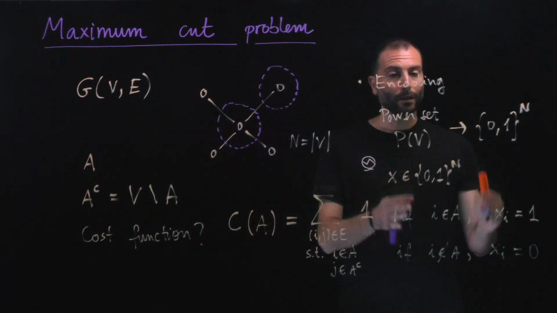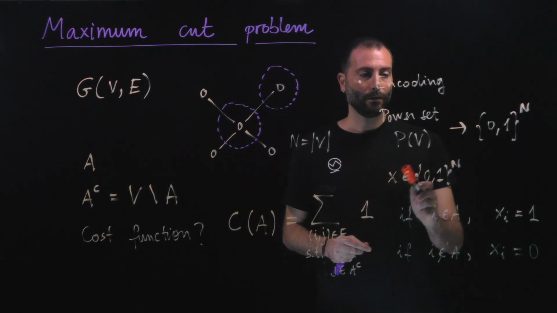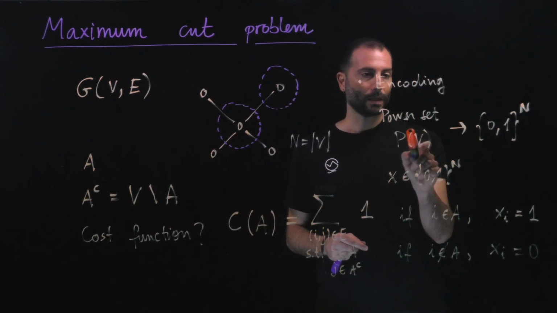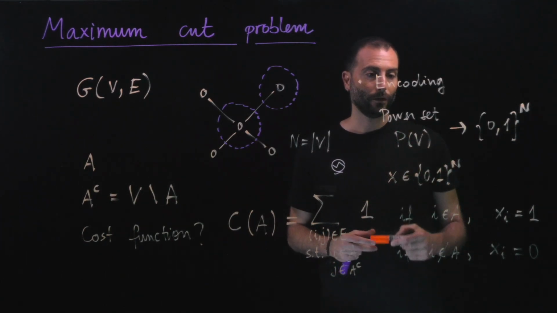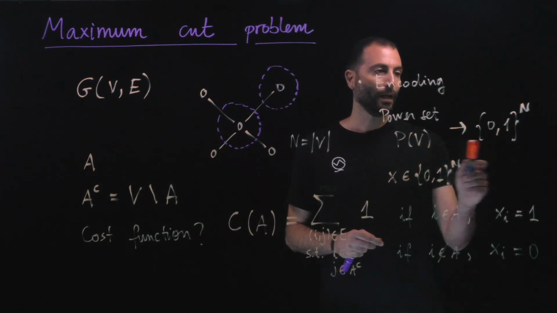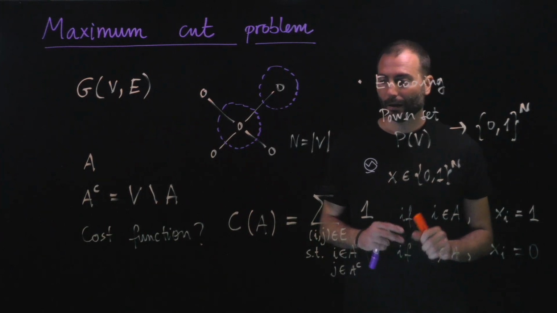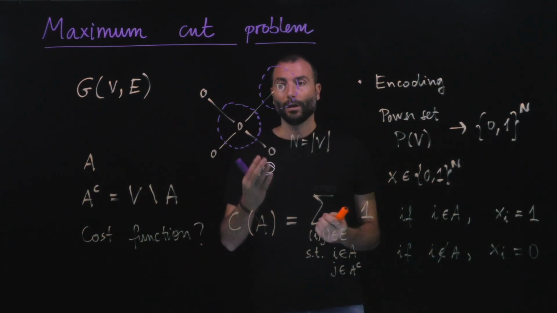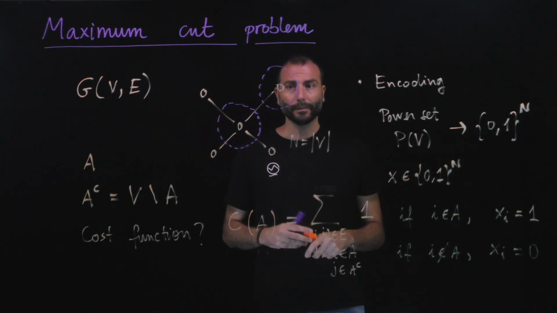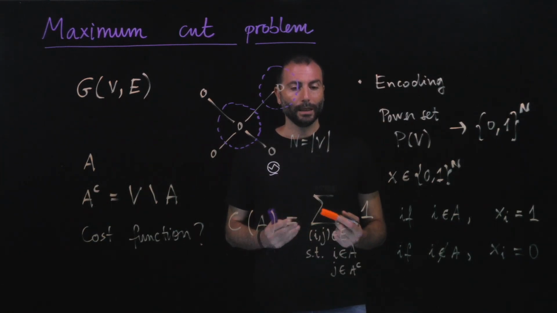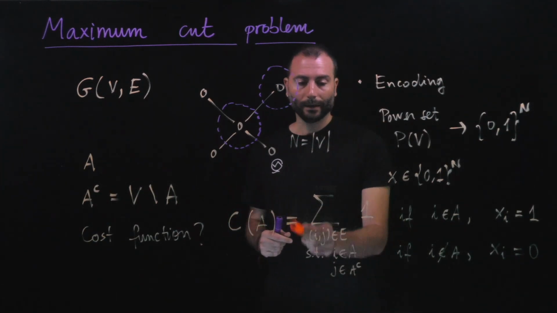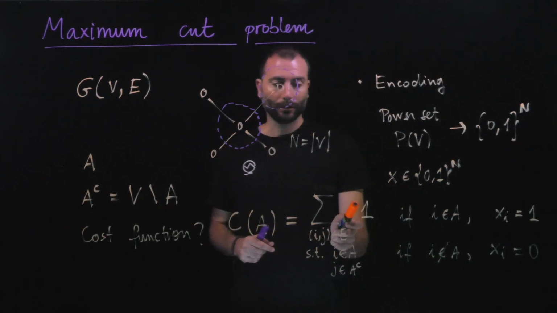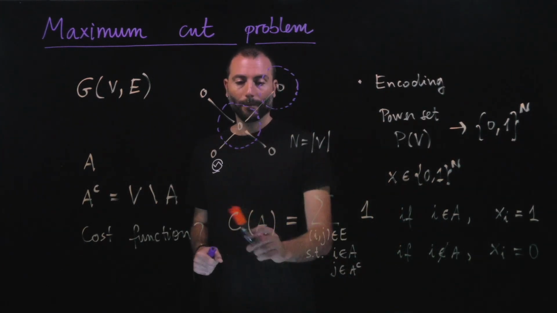We have an encoding from the power set, so the set of all the subsets of B, into the bit strings. And the last thing that we need in order to have the formulation of the max cut problem as a QUBO is rewriting the cost function instead of in terms of subsets.